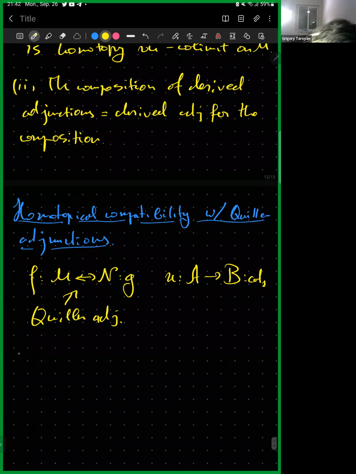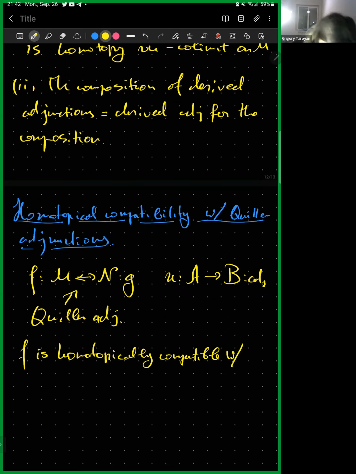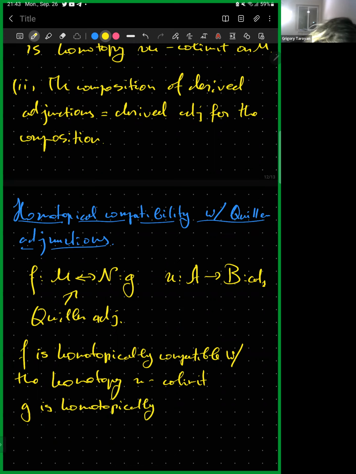And we say that F is homotopically compatible with the homotopy U colimit, and G is homotopically compatible with the homotopy U limit.